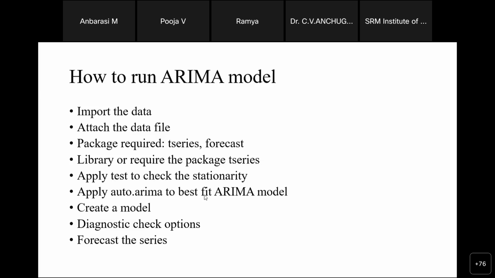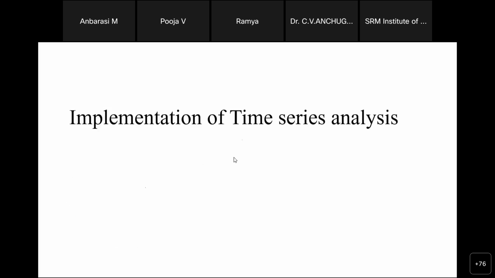No need to calculate ACF and PACF; automatically it will be calculated, and it will give you the best parameters. And then we have to create a model, run the diagnostic checks, and then forecast the series. So this is how we execute the ARIMA model.